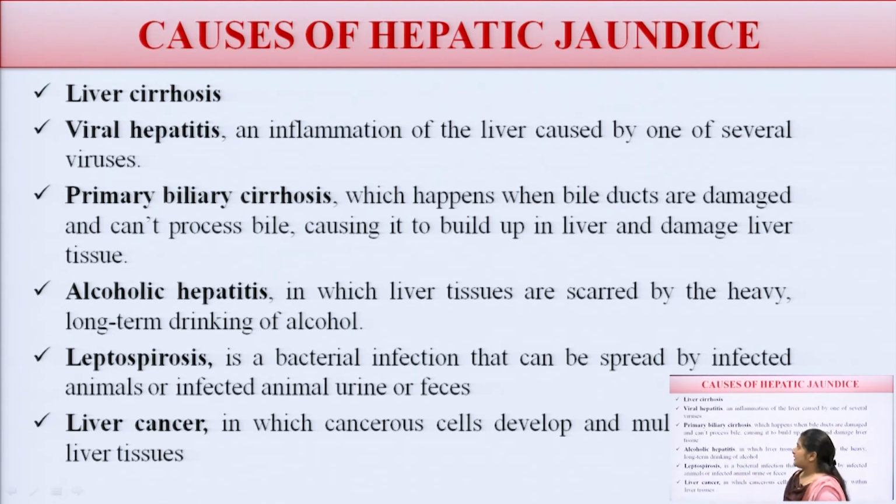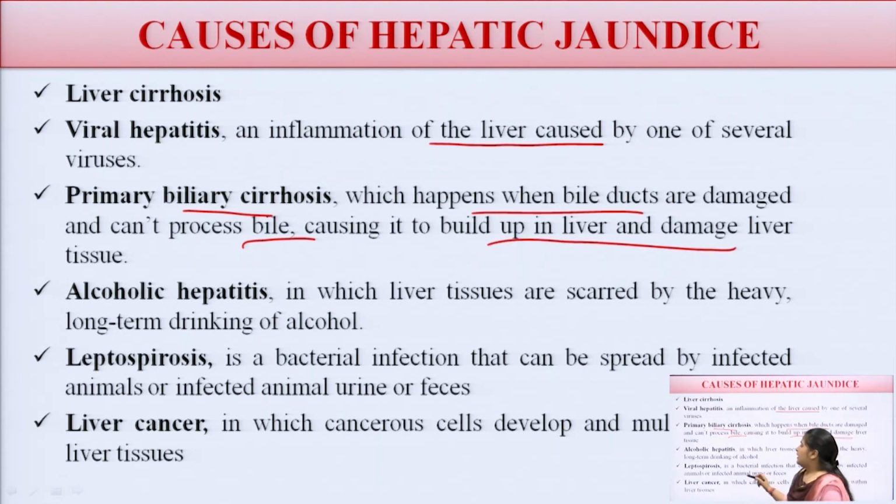Now, viral hepatitis, so there is an inflammation of the liver which is caused by several kinds of viruses. There are several kinds of attacks by viruses on a weak liver. Primary biliary cirrhosis is when the bile ducts are damaged and can't process the bile, and this will remain in the bloodstream.